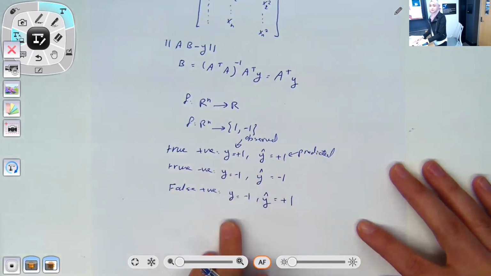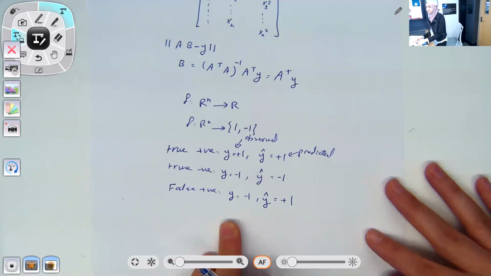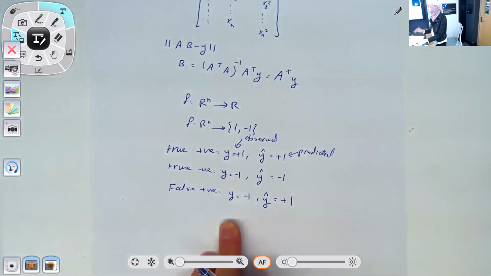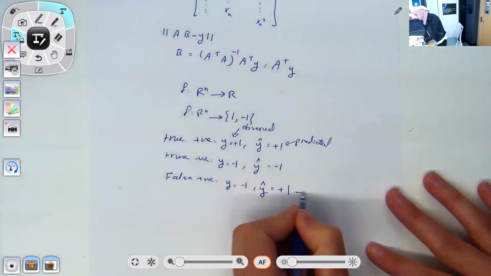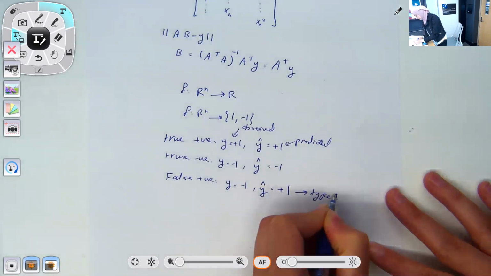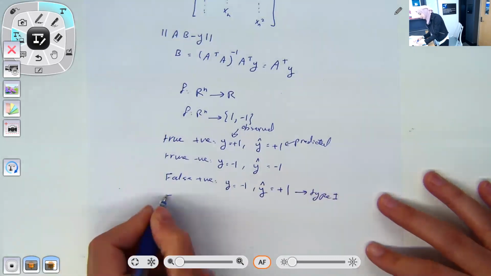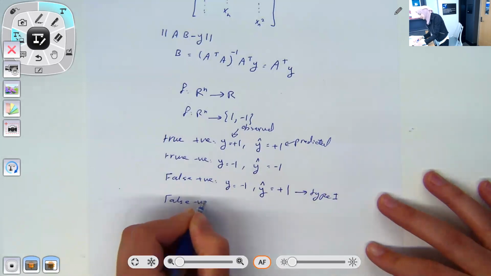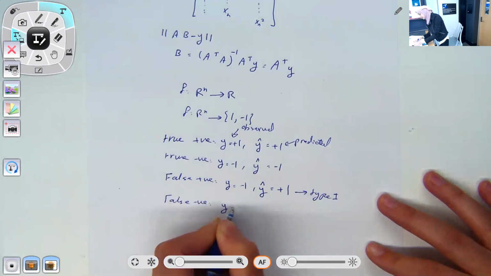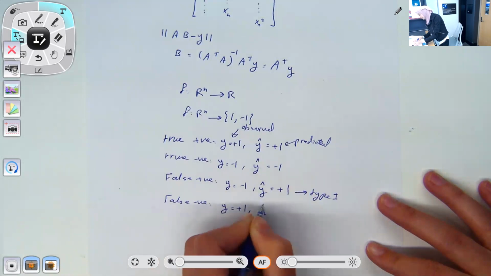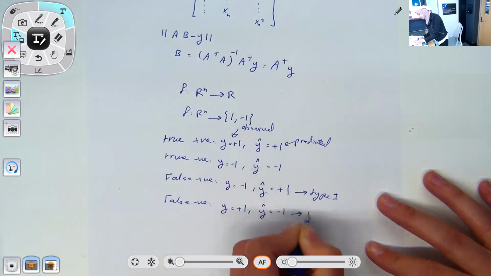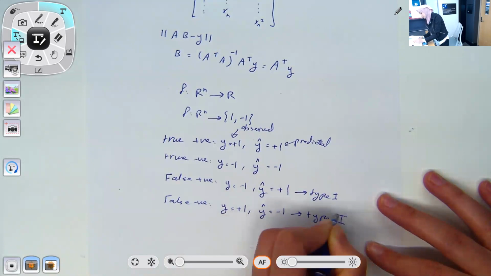In this case, we call it type 1 error. In statistics in general, there is type 1 error and type 2 error. If we have a false negative, that means the observed value is positive and the predicted value is negative. This is what we call type 2 error.